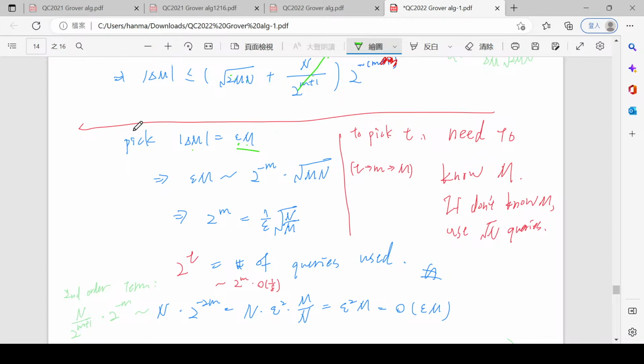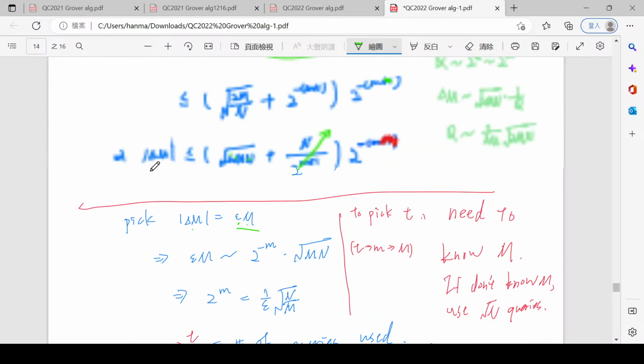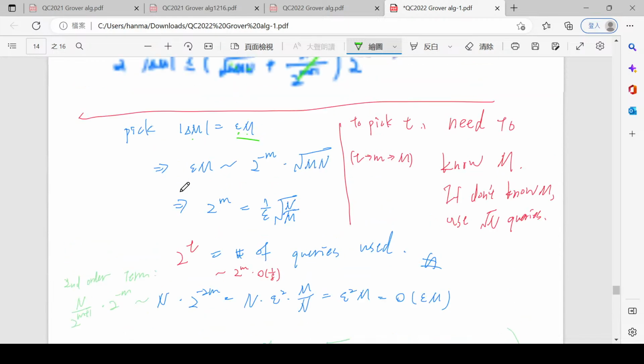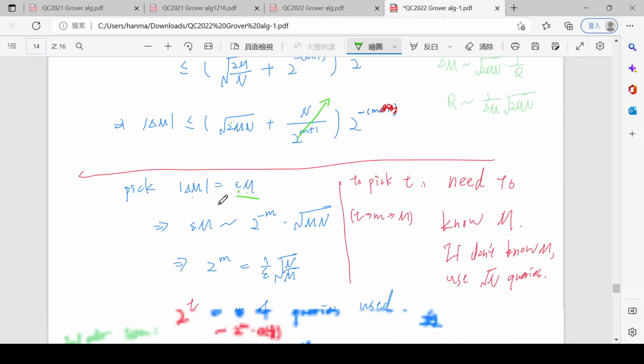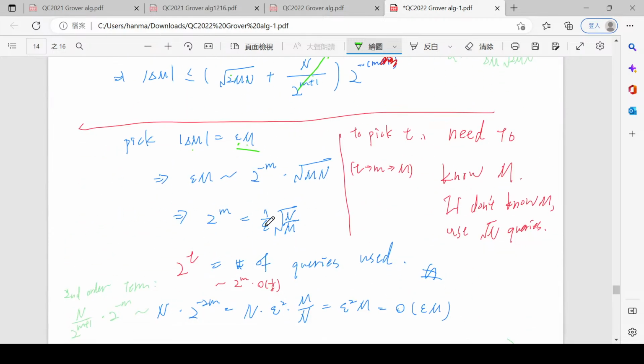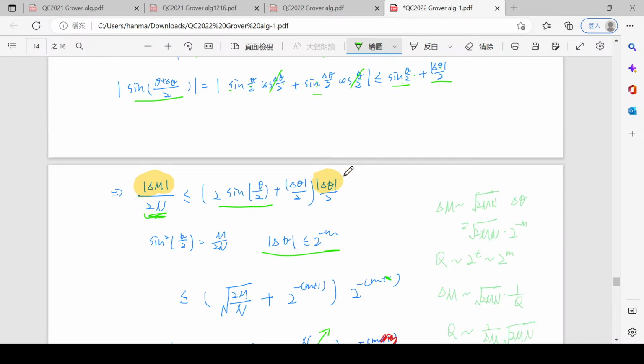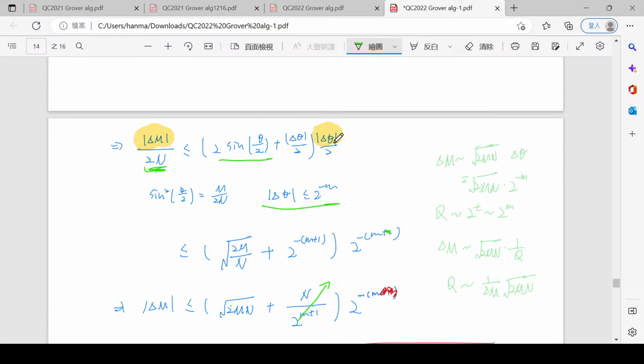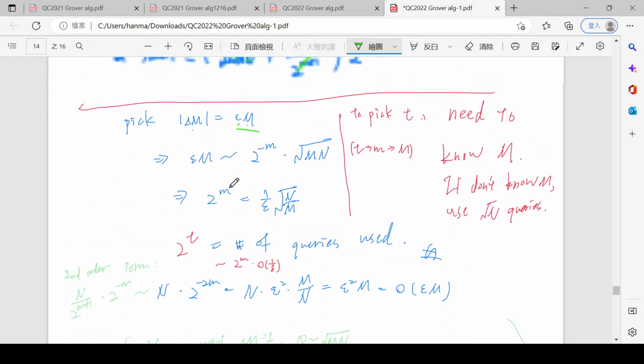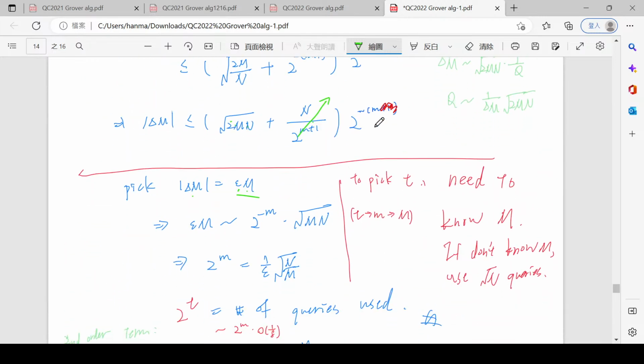Now finally, we think about what's the number of queries. So we've been moving things around, and we have been expressing our error. We have changed our error around, right? Remember what we're doing? Our error was delta theta, then we changed to delta m.